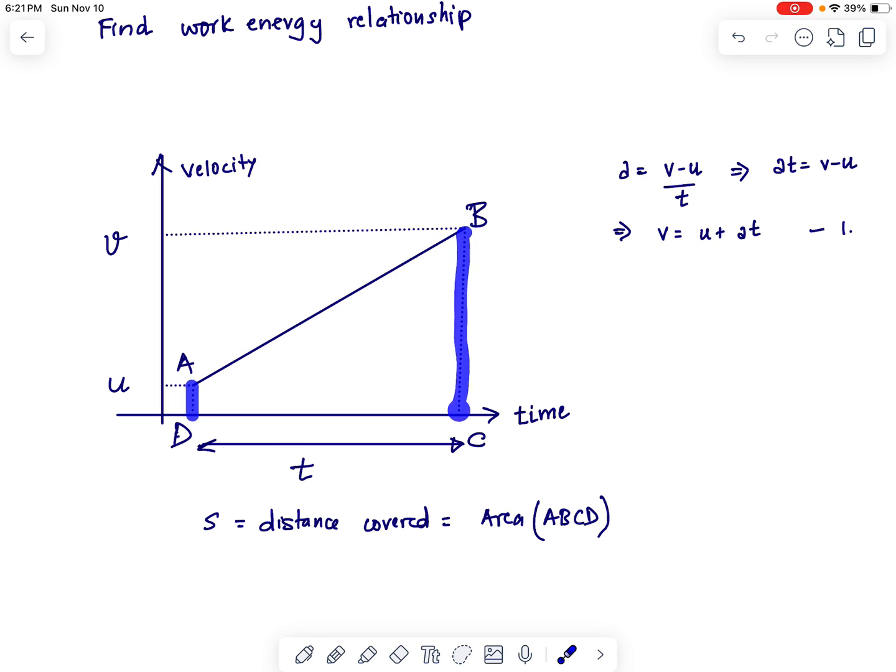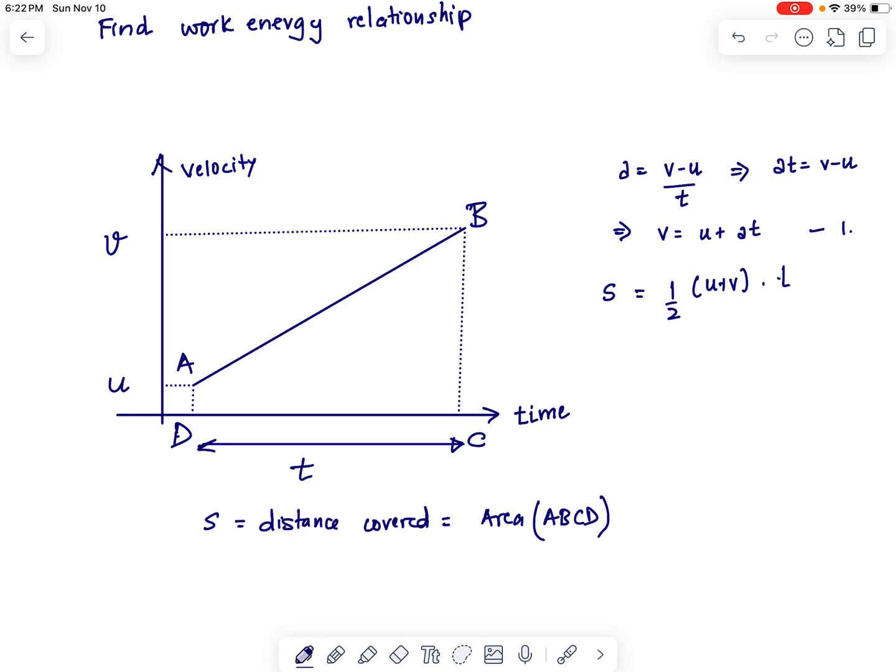In this particular case, the distance traveled is denoted by s. s is half the sum of the length of the two sides, half (u plus v), and then we multiply that by the total time taken, times t.